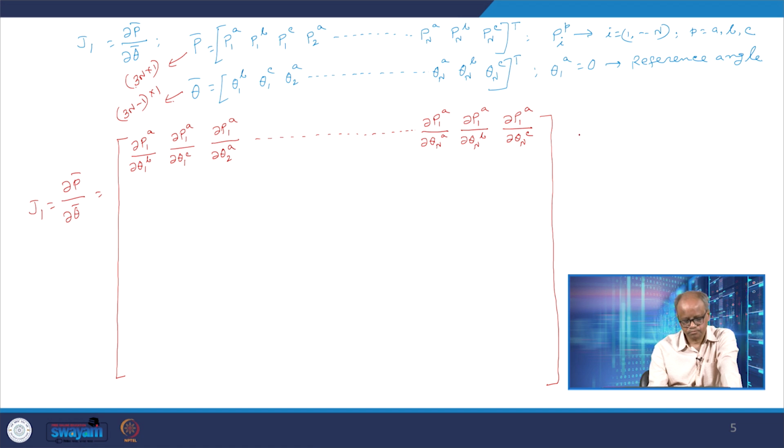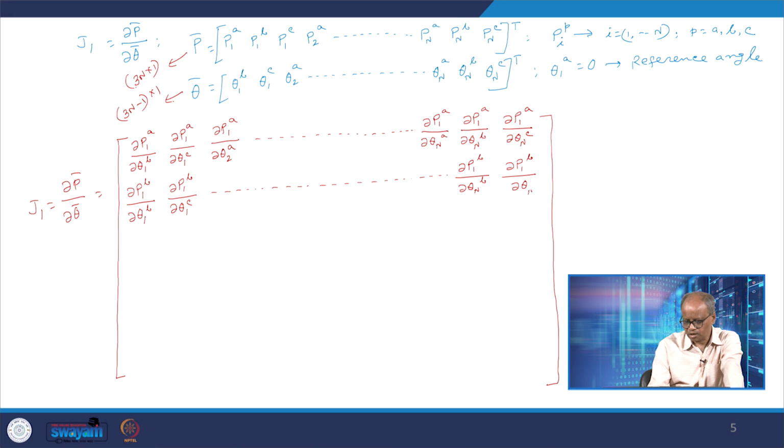So this is the first row. What would be the second row? The second row would be del P1B by del theta 1B, then del P1B by del theta 1C, and then dot dot dot, and the next term would be del P1B by del theta 2A, and so on, then del P1B by del theta NB, del P1B by del theta NC.